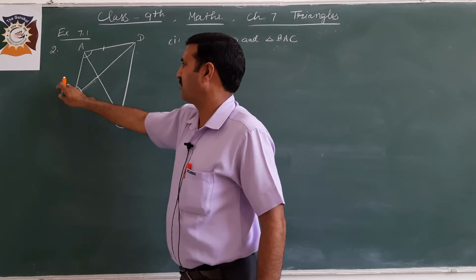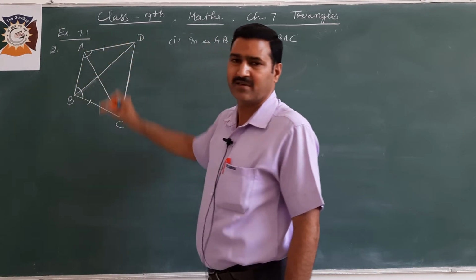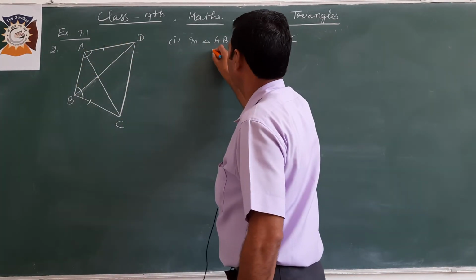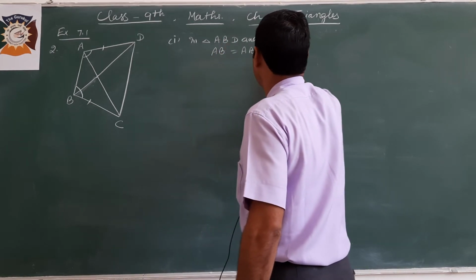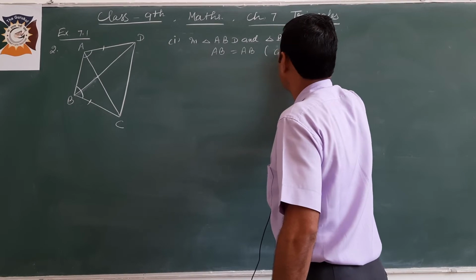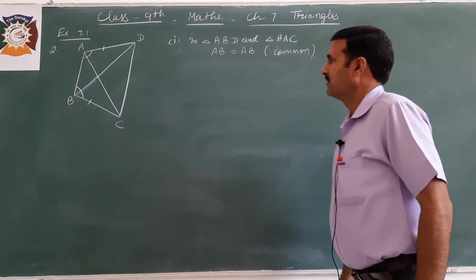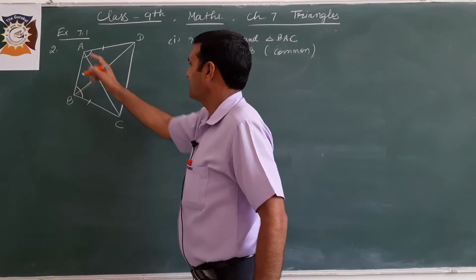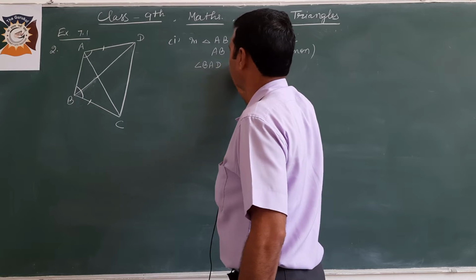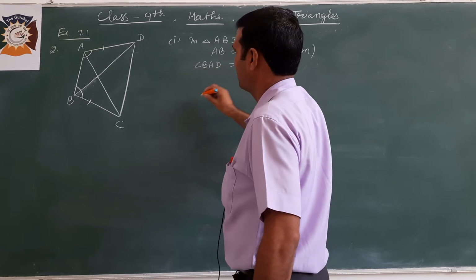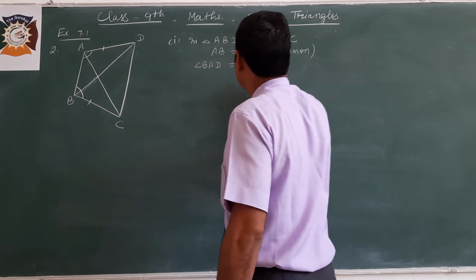AB is common in both the triangles. It is in ABD and also in ABC. AB is equal to AB, which is common. Angle BAD is equal to angle ABC.